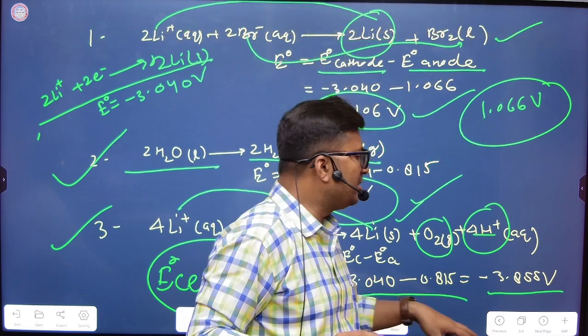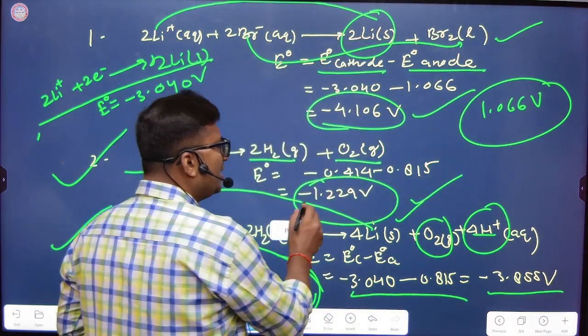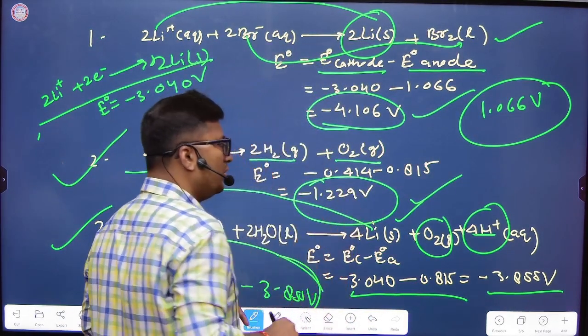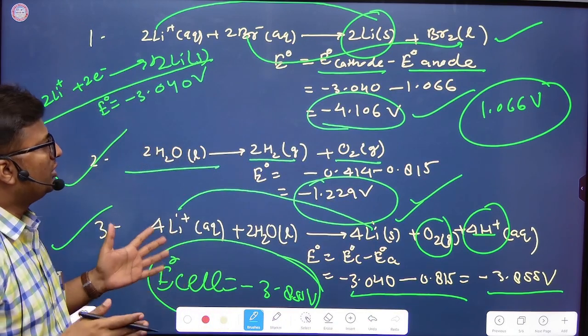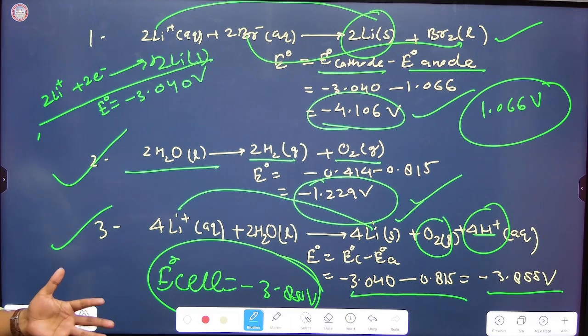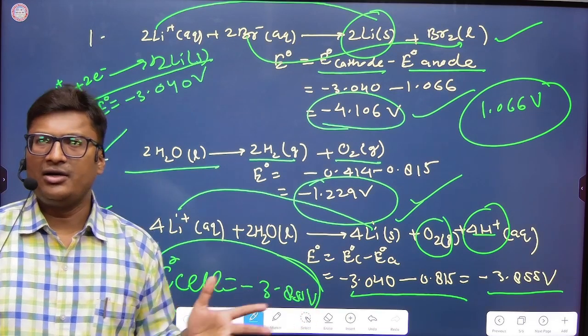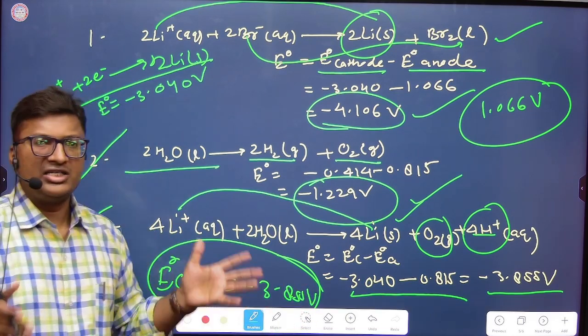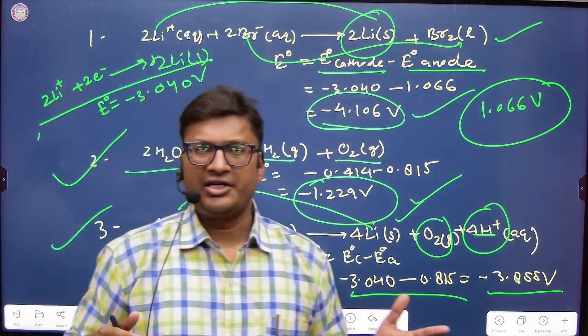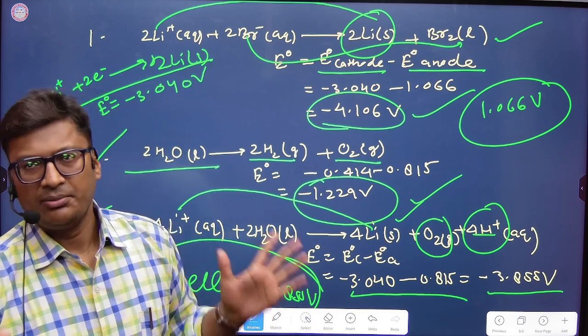So the lowest potential is minus 1.229 volt. So as you know, in electrolysis there is a minimum potential which is required to create non-spontaneous reactions, where electricity is converted into chemical energy.